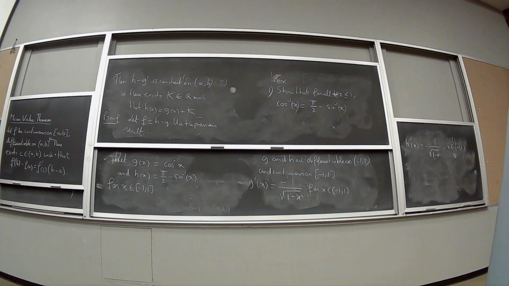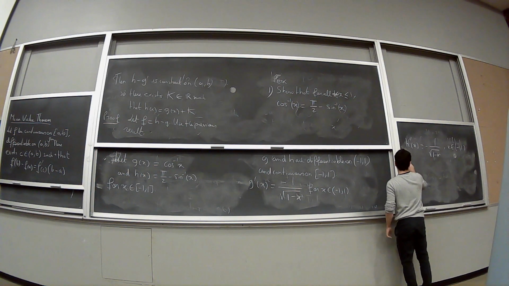Okay, what can I say about the derivative of these two things on the open interval (-1, 1)? They're the same. So what can I say about the difference of these two functions? They differ by a constant. You agree or not? Yes. The two functions have the same derivative on the open interval, so they differ by a constant on this open interval.